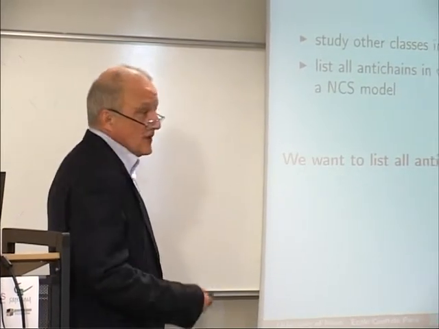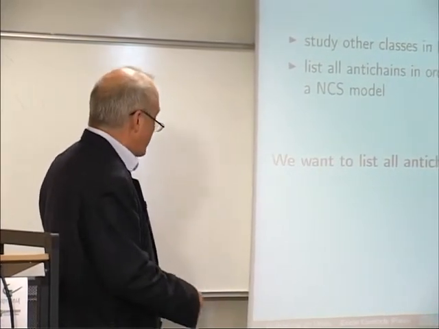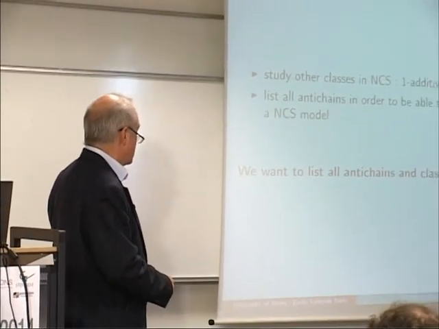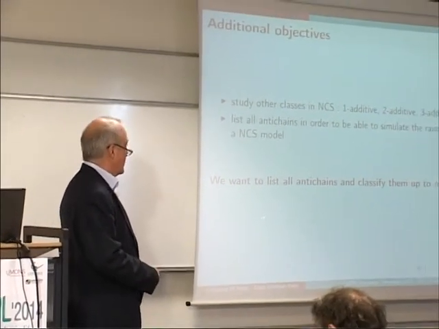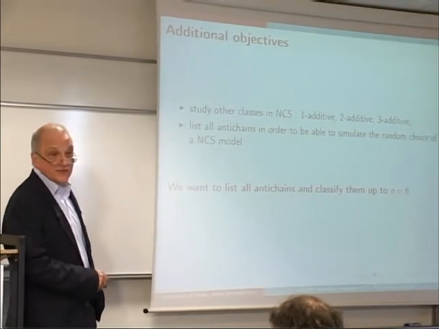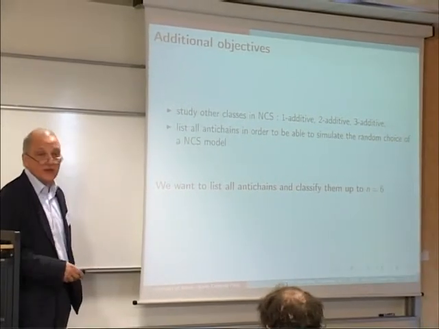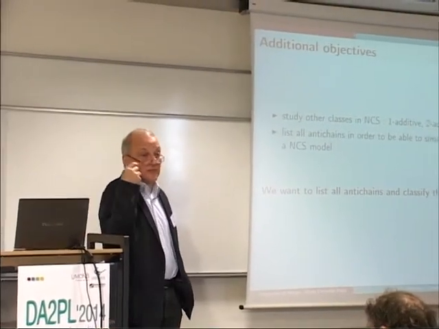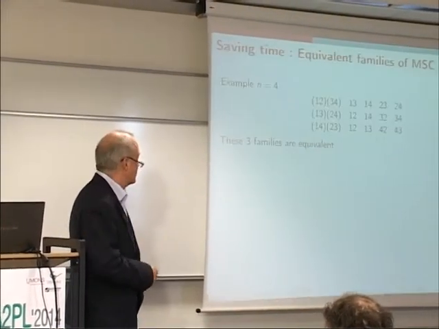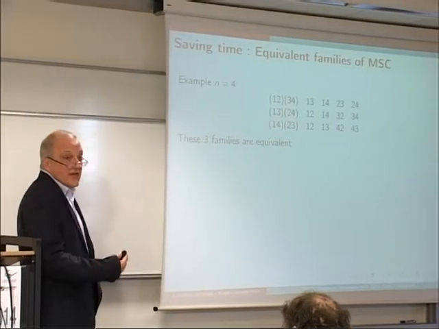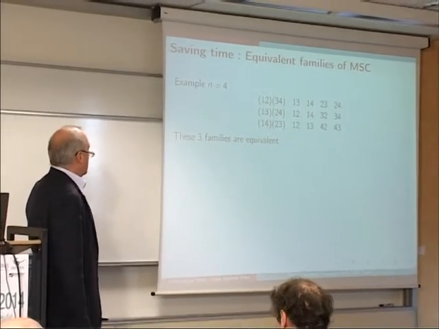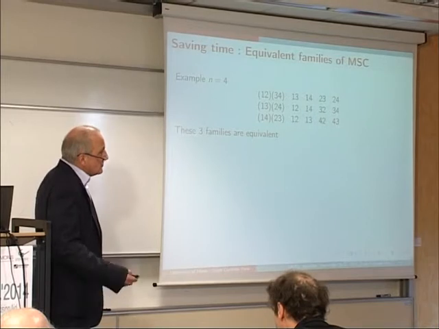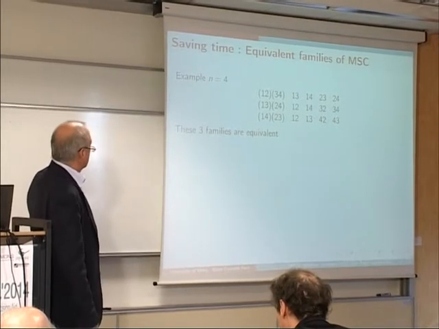So what we have done is something very simple, which is to list all the anti-chains up to n equal to 6 and to classify them into one-additively representable, two-additively representable, and more than two-additively representable. Just to have an idea, and to be able to simulate at least in simple cases.